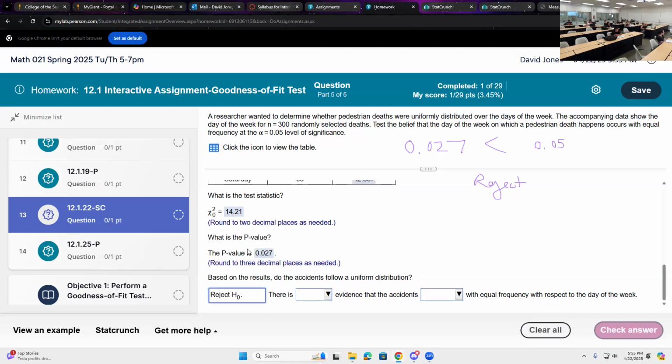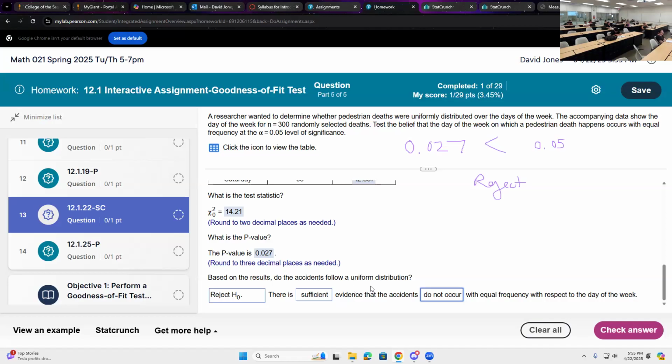Oh, that's handy, it actually said that, reject H naught. The H naught is that observed matches expected, or they're all equal in this case. Expected was that they were all equal. And so we can say there's enough evidence to support that they're not equal. Because if we reject H naught, we support HA, and HA is they're different.